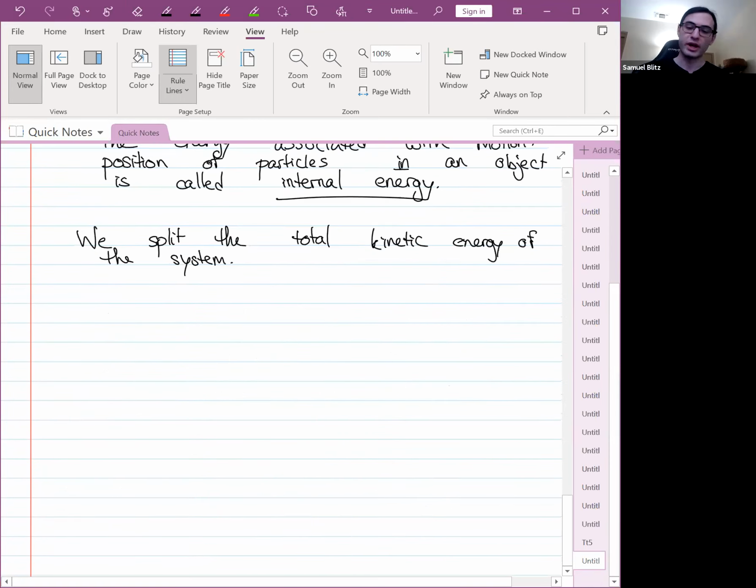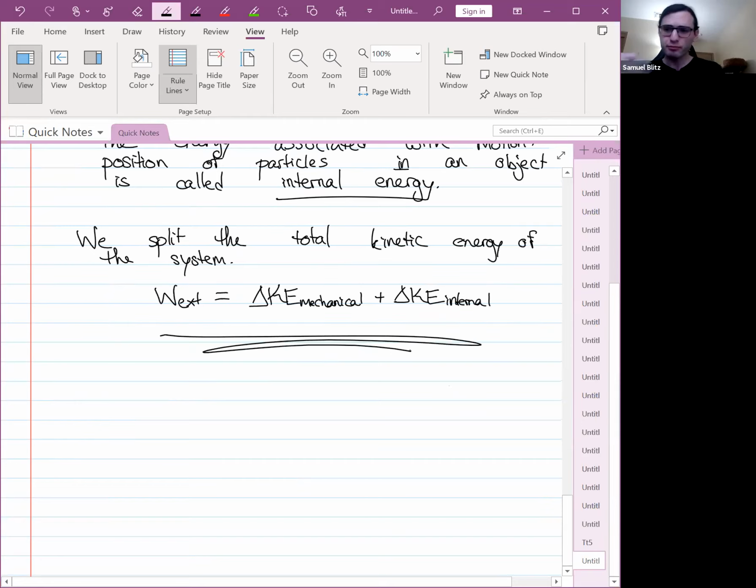So what we really should write is that the external work done on a system is equal to the change in the mechanical kinetic energy, the kinetic energy on a macroscopic scale, plus the change in the kinetic energy of the internal itty bitty bits. And so this is how we can chunk objects into their macroscopic motion and their internal motion.